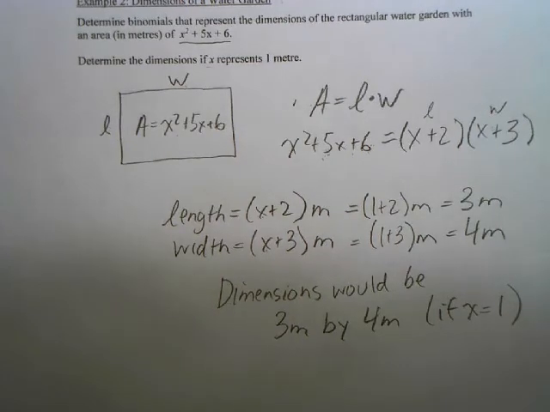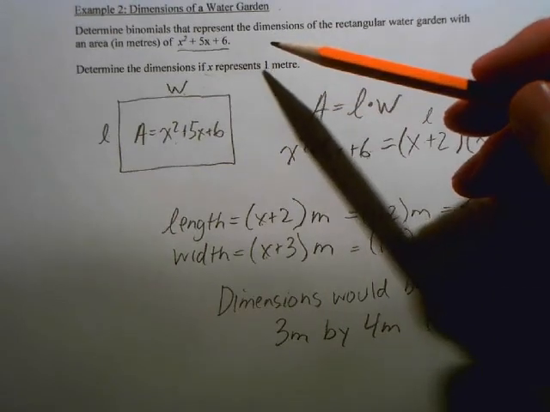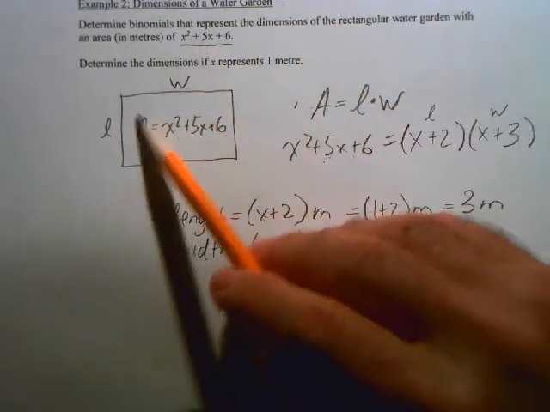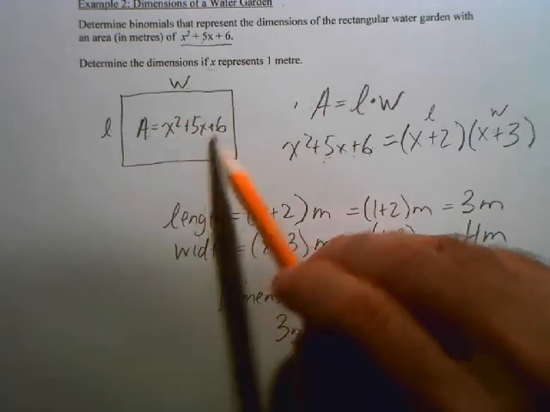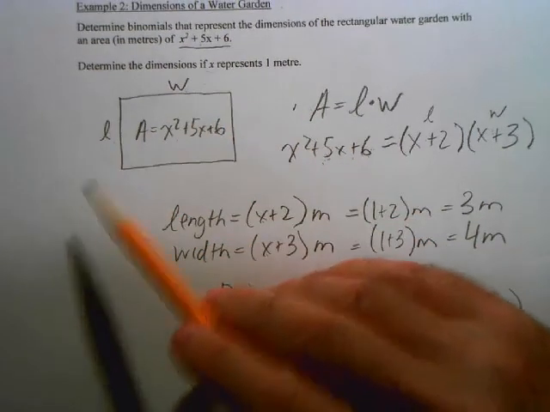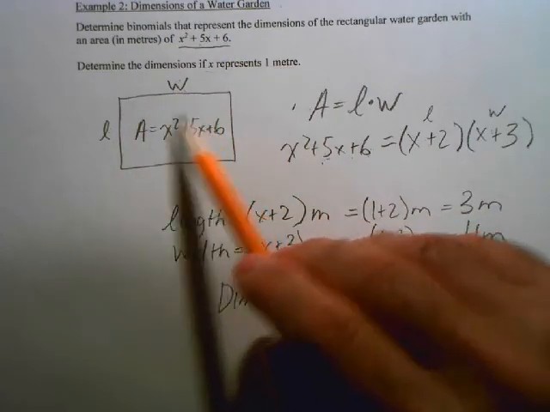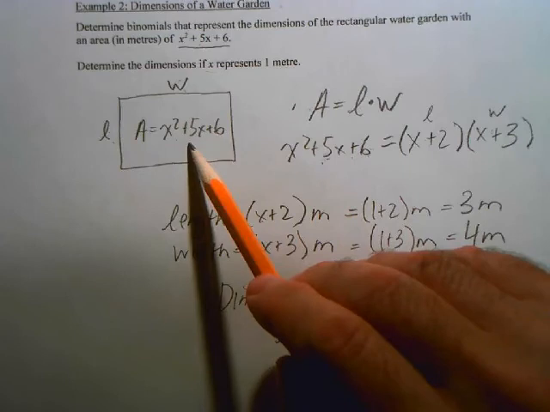Okay, so this is kind of a not so subtly hidden factoring question, because it gave us the area and wanted to know what expressions could represent length and width. So that basically says I need two things that multiply to get this.